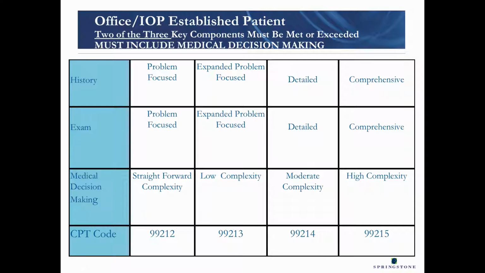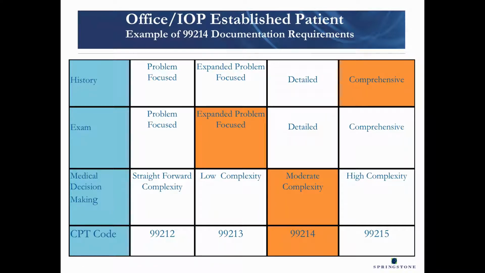So we can see that in this example, you meet requirements for a 99214 level because you have 2 out of the 3 at or above the level needed.